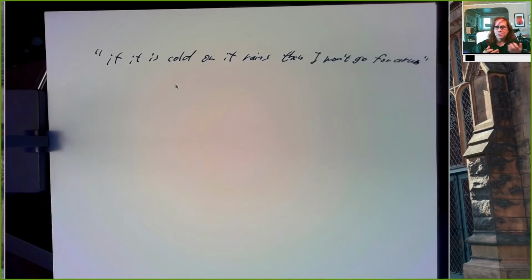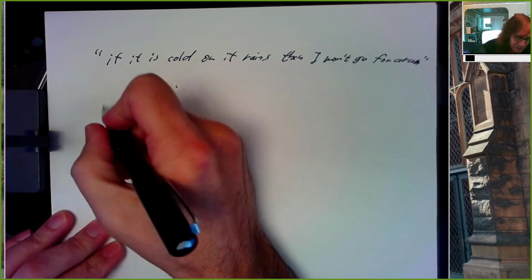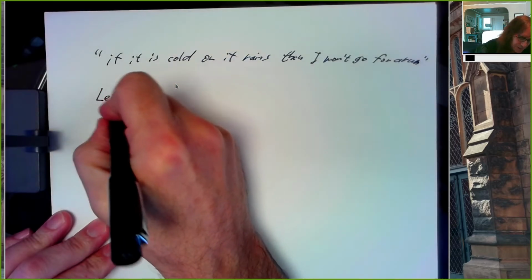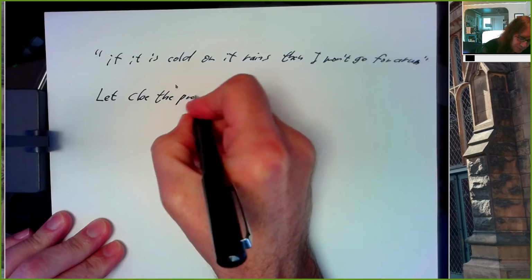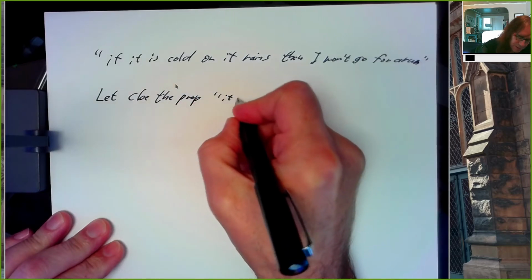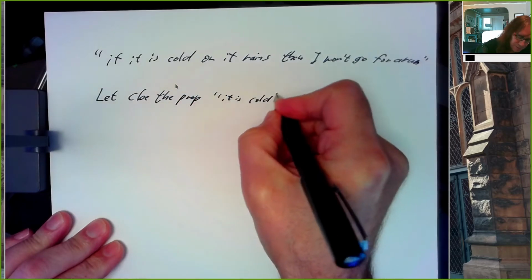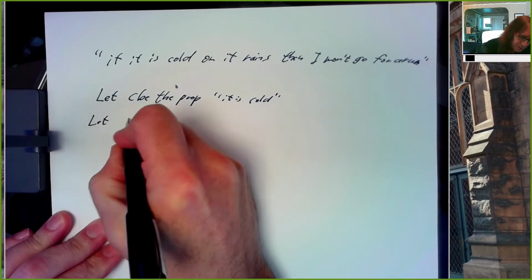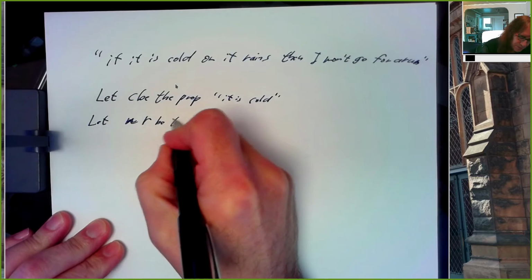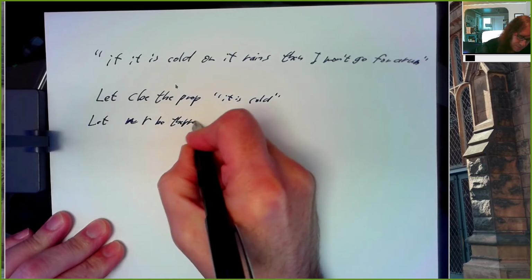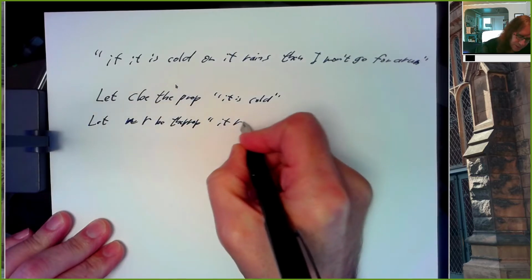But to do these proofs, we want to break things down into smaller pieces. So I could say something like, let C be the proposition it is cold. Let R be the proposition it rains.